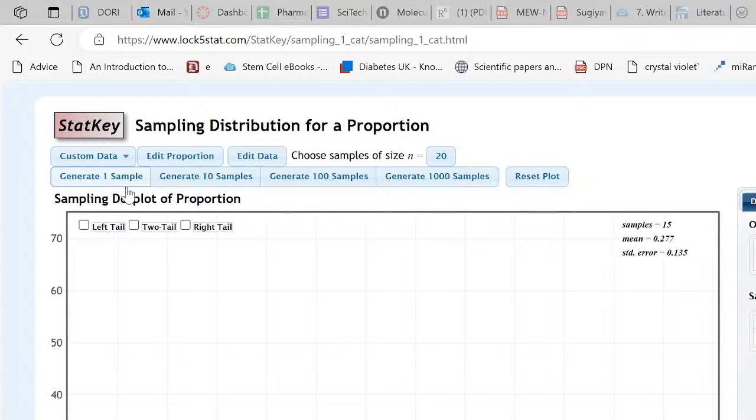Yeah, want that one right there. So sample size of 20, and we need the true proportion of 0.3. Well, that's pretty cool. You're doing it right there with me. Very nice.